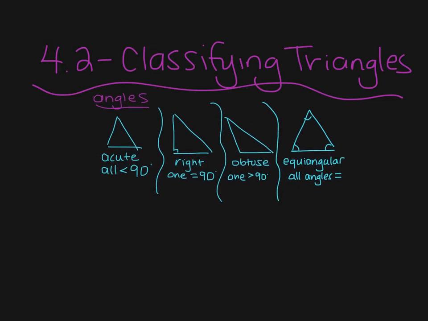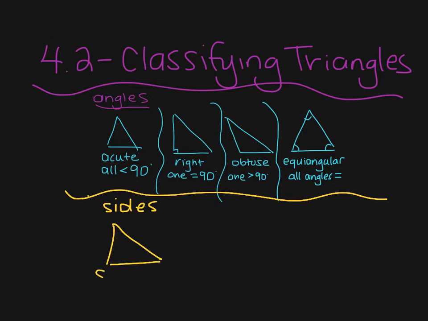And then the second way we classify is by sides. And for sides, there's only 3 of them. There's scalene, which is all different. No two sides are the same.